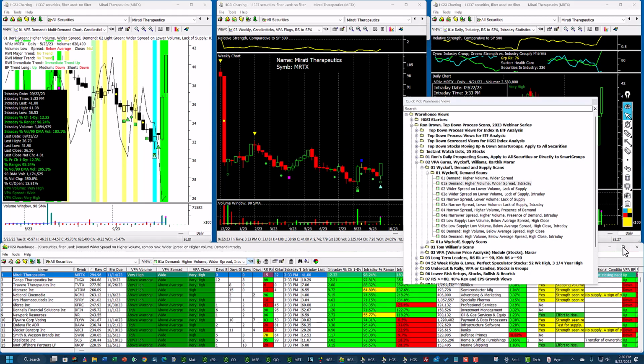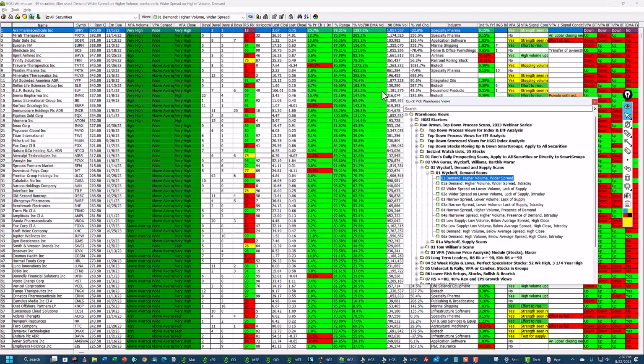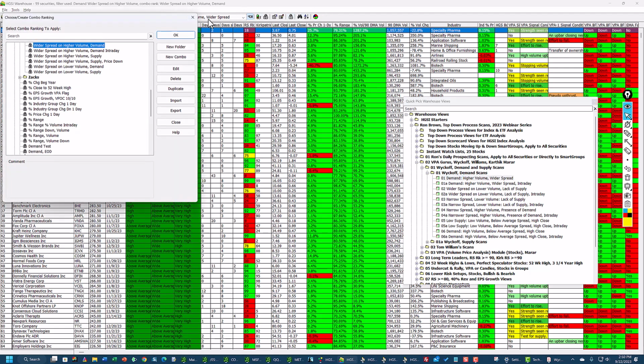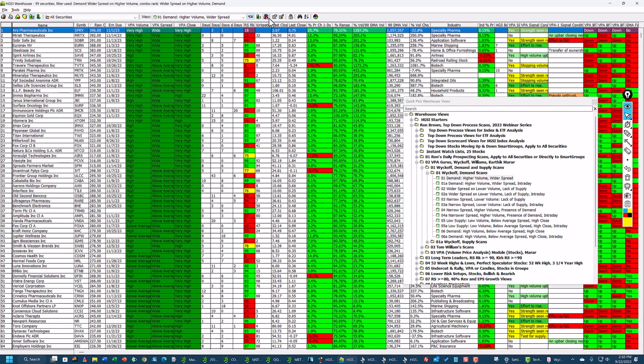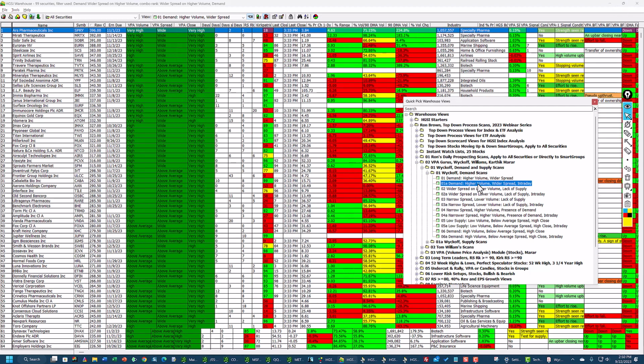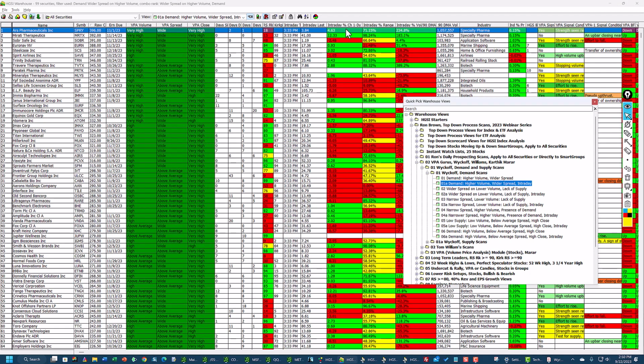Now, if I go back to the end of day and disengage the combo, then these stocks will stay in this order. So I'm going to do that and then go down to intraday, and then I can see right here in this column, notice that the stocks did not change position, which of these are following through. And you can see that a lot of them didn't follow through today because now it's another down day again.